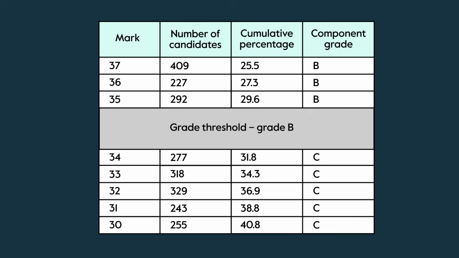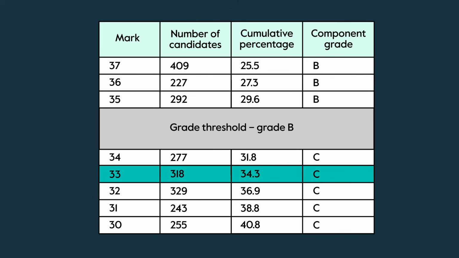To calculate Sadia's paper 2 mark, which she did not sit, we review the marks distribution for all Cambridge candidates worldwide who did take paper 2. We find the cumulative percentage which is closest to the 35.5% that Sadia scored in paper 1. For paper 2, this is 34.3%, which equates to a mark of 33 out of 50.